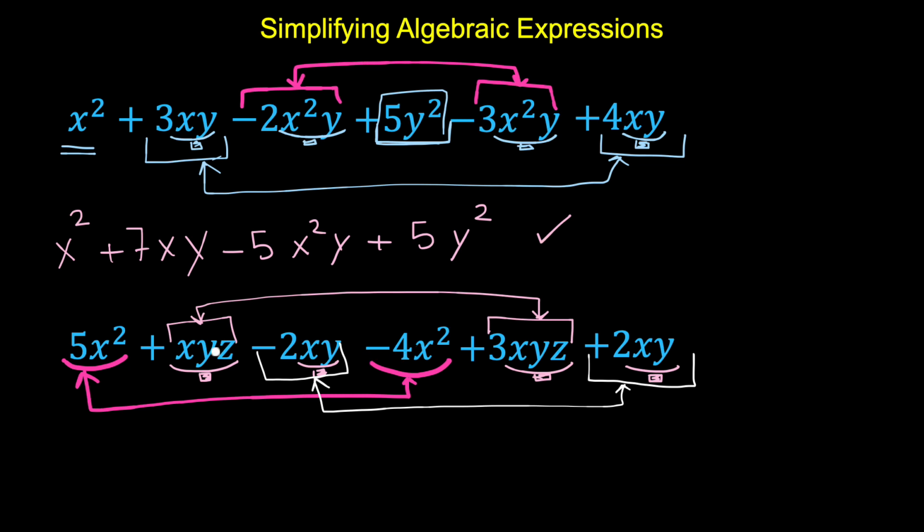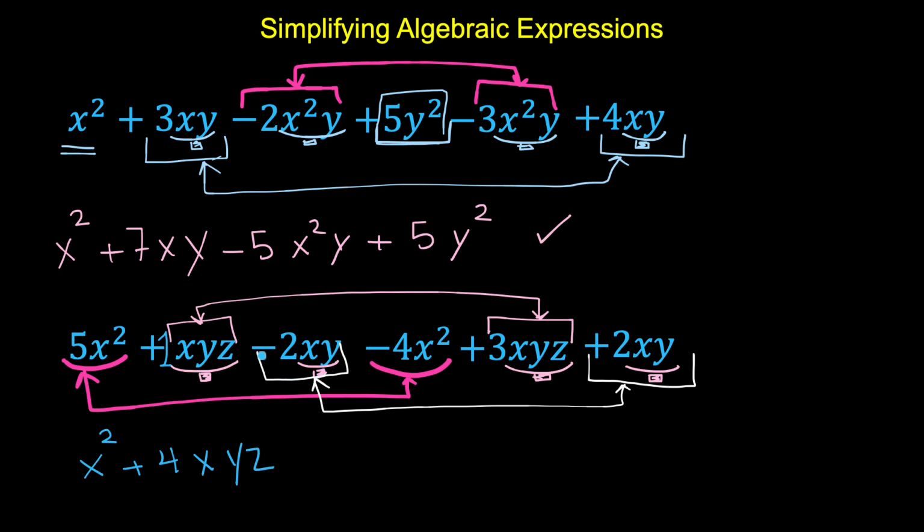And now let's combine like terms. Positive 5x squared minus 4x squared, positive 5 minus 4 equals positive 1, and we don't need to write 1. And the next one is 1xyz plus 3xyz, so positive 1 plus 3 equals positive 4xyz.